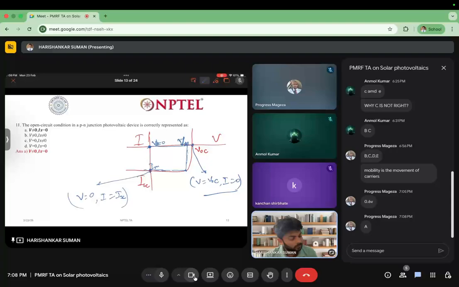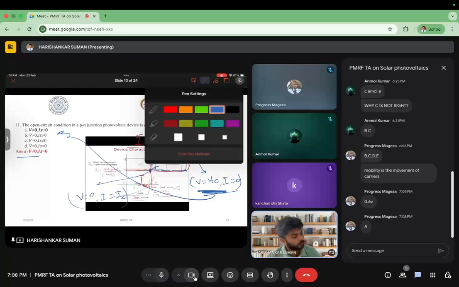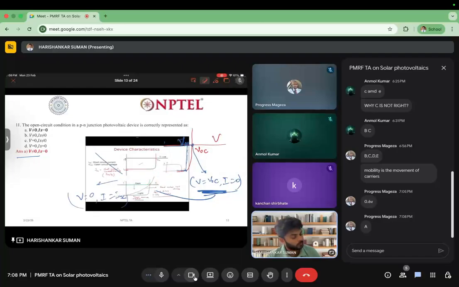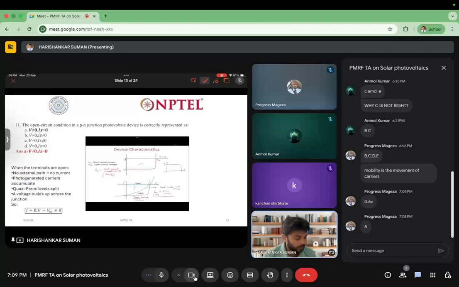So V is not equal to 0 when we talk about this point, but current is 0. I have already told you about short circuit current and all these things. So this is the open circuit condition.